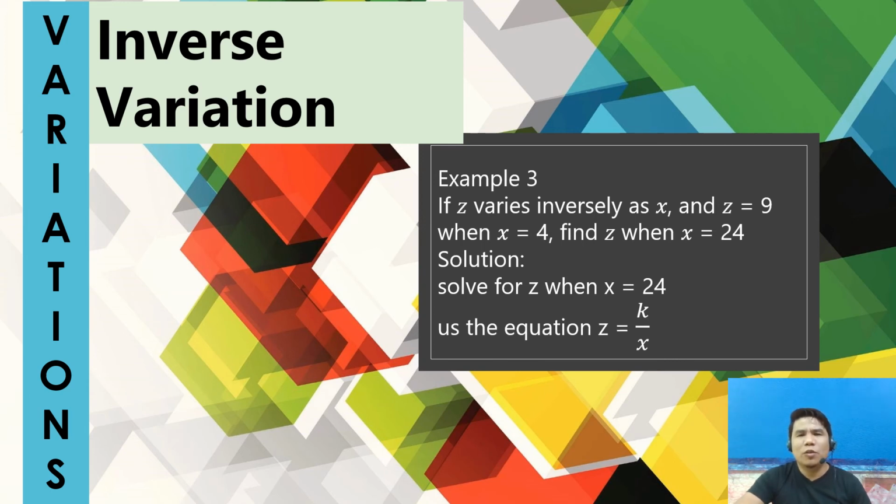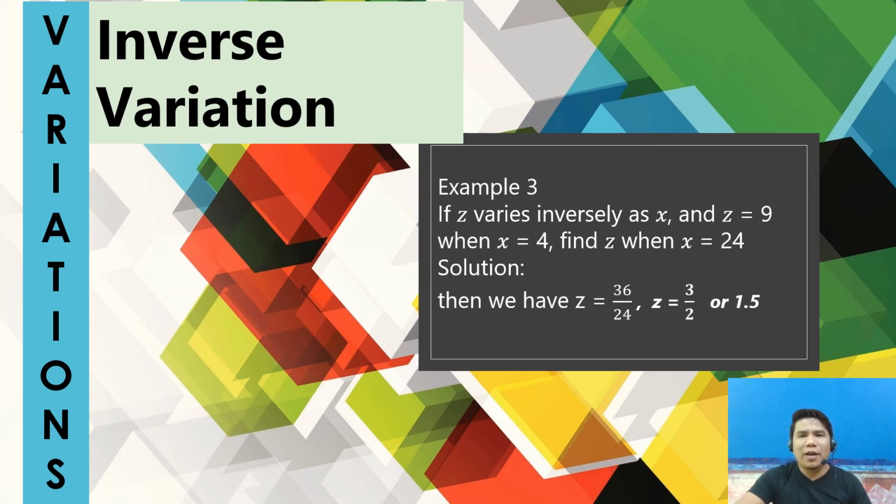So if you are now to solve for your z, when x is 24, using the equation z is equal to k over x, you will have z is equal to 36 over 24 because your k is 36, 9 times 4. And then your x is 24, then you need to find your new z.